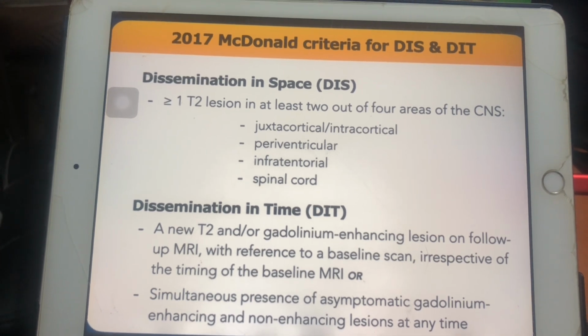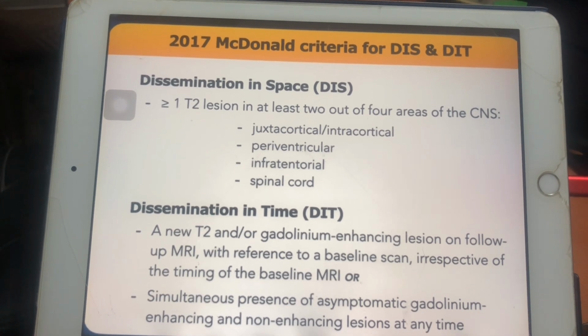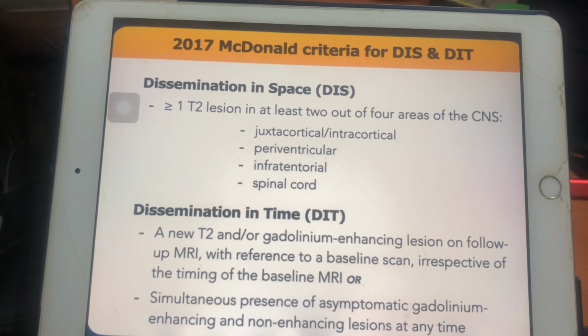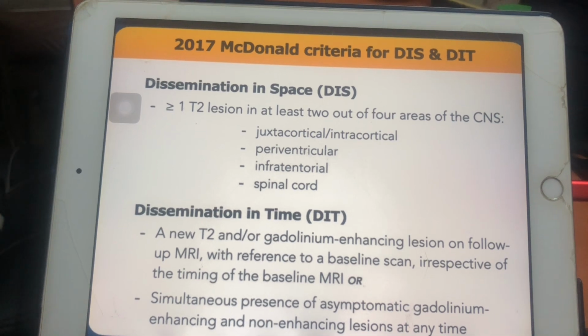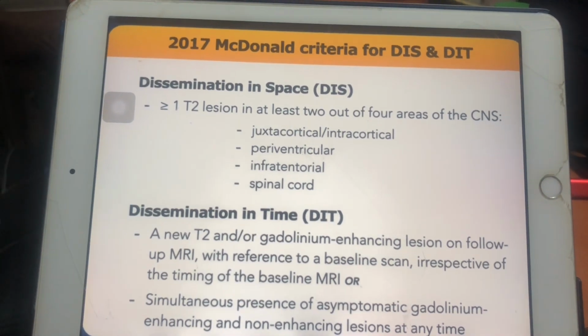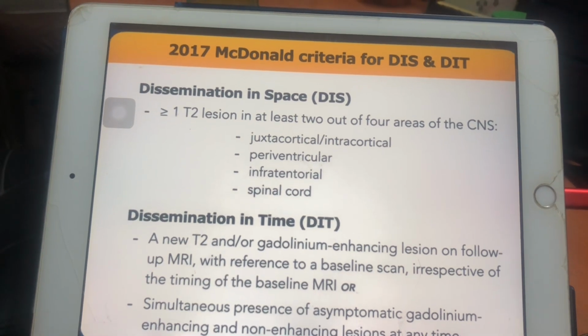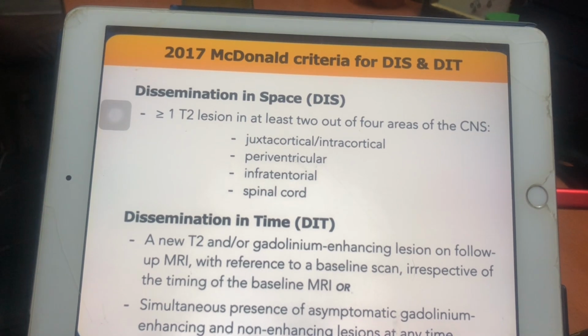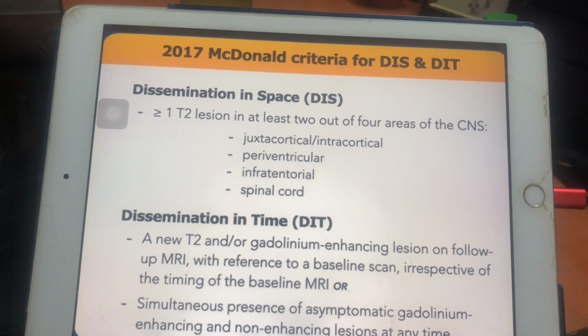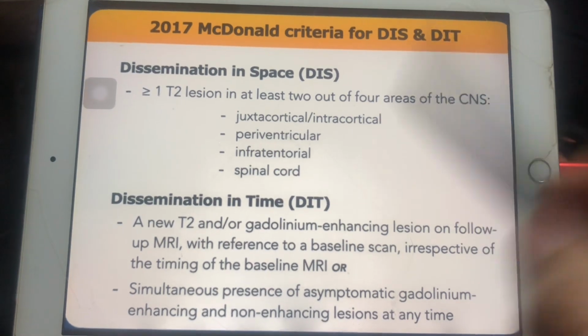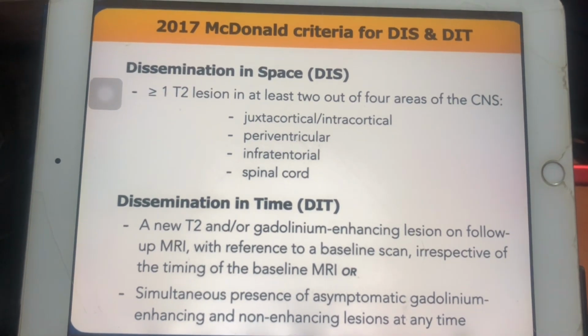So if a patient does not have any clinical suspicion for MS and has white matter lesions, then it would be inappropriate to suggest MS in that patient's MR. But if the patient is clinically suspected to have MS and you have white matter lesions in the patient's MR, that is where our McDonald criteria would be useful.